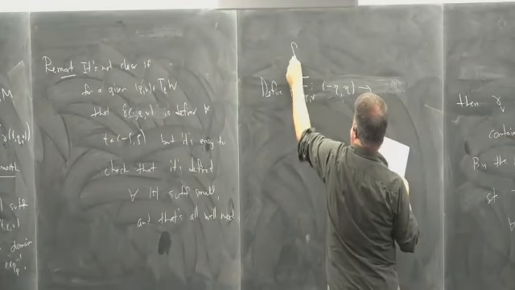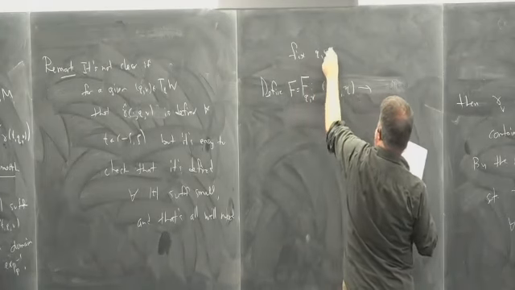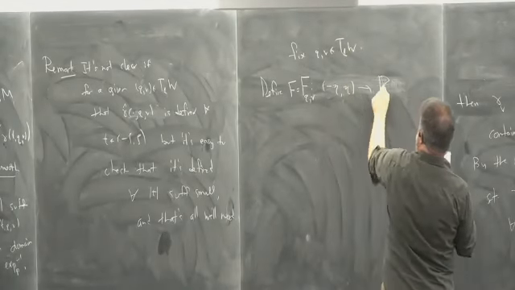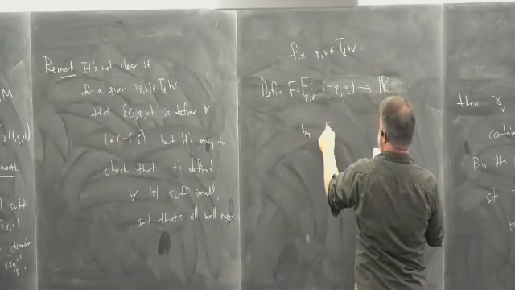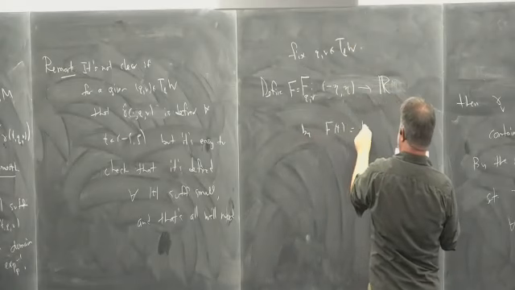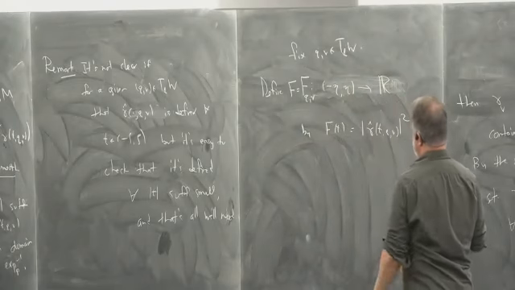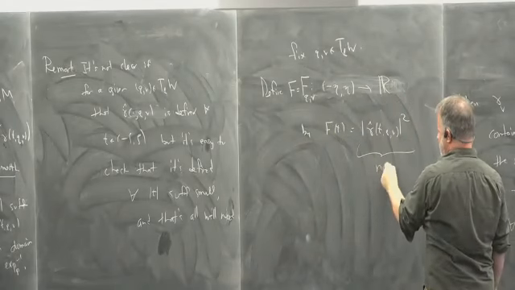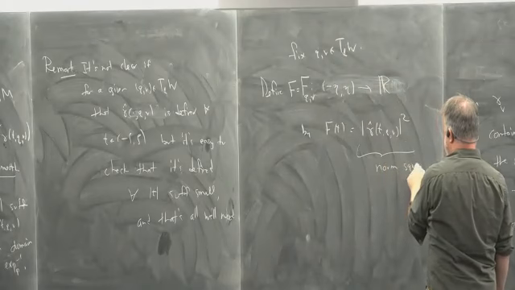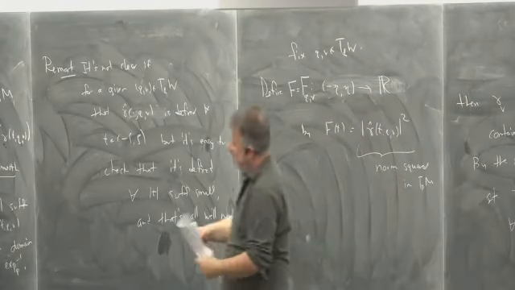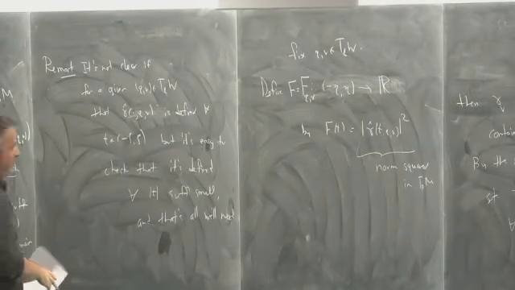I'm going to call it F. So fix Q and V inside T1W. Define F by F(t) is the norm squared of gamma hat(t, Q, V) in TPM, because gamma hat maps into TPM.